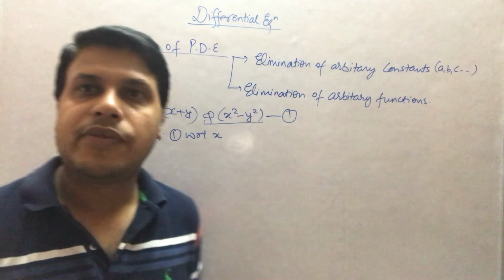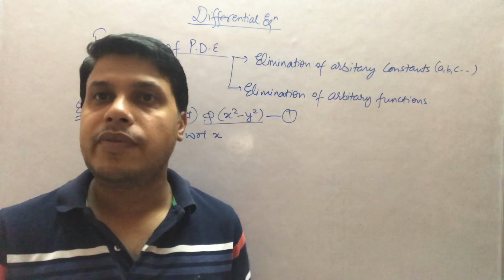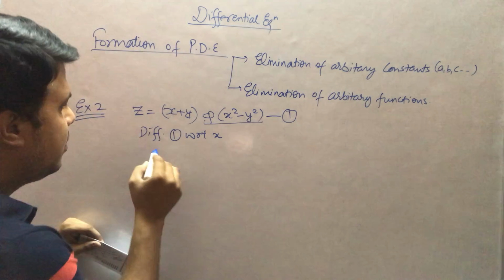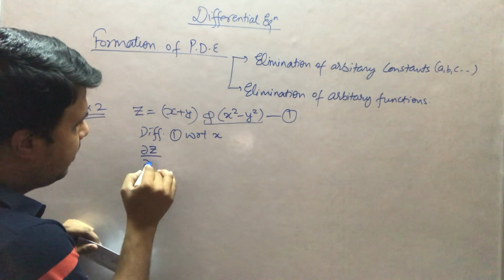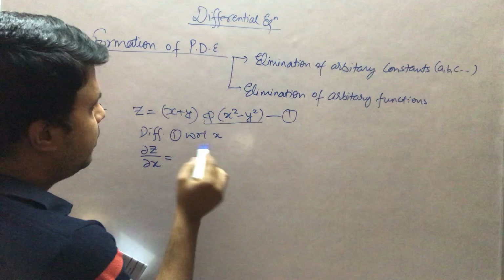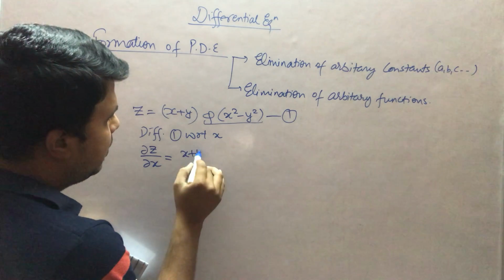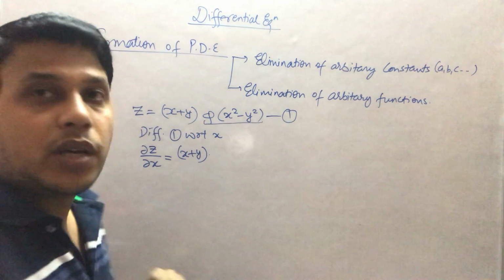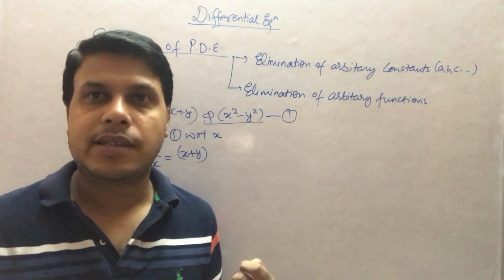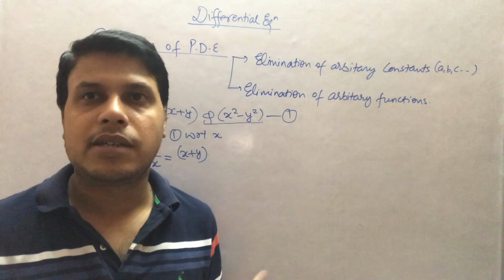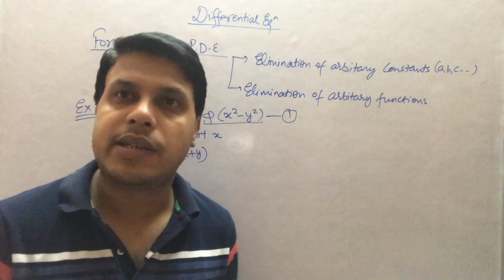First of all, we are going to differentiate equation number 1 with respect to x. We are going to use the product rule: first as it is, then the second differentiated, then the second as it is, the first differentiated. It is the product rule in general.